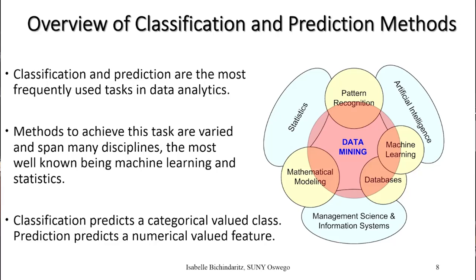So the big difference between classification and prediction, from a specialist standpoint, is that classification predicts a categorical valued feature, also called a class. So for example, a typical classification task is diagnosis. In diagnosis, a doctor wants to predict or find out what is the actual disease category of a patient.